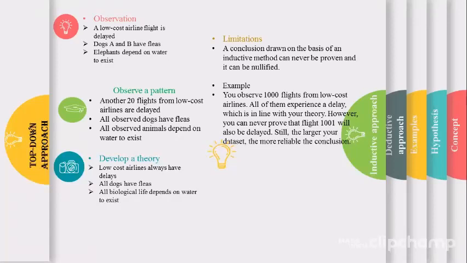If all of them experience a delay, then the 21st, 22nd, 23rd, up to N number of flights will be delayed. So here, the larger the data set, the more reliable is your conclusion. And your conclusion can be proven wrong every time if you have a small data set.